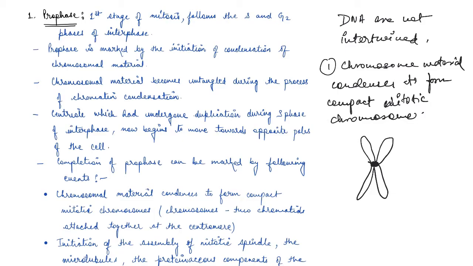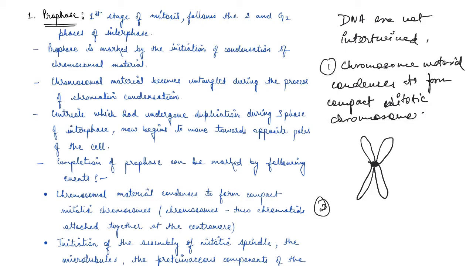After that, the centriole, which has undergone duplication during S phase, begins to move towards the opposite poles of the cell. The second thing is that the mitotic spindle starts forming. The initiation of the mitotic spindle happens with the microtubules.